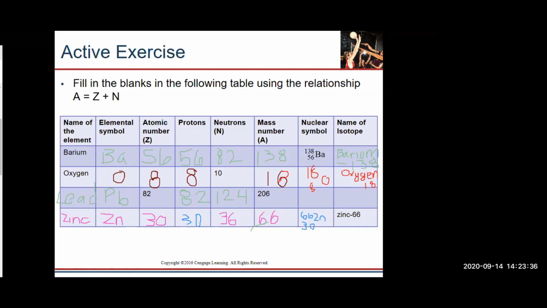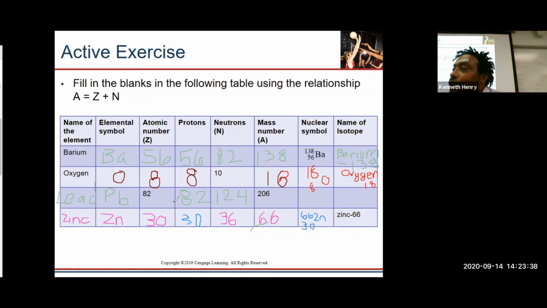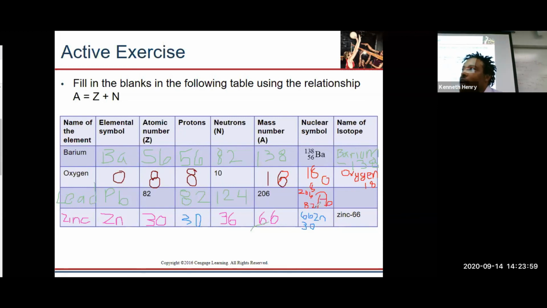Hold on. I have a little trouble writing myself. You said Pb, mm-hmm, and you said 206/82. Yes. Okay. And then the name of the isotope would be lead-206.